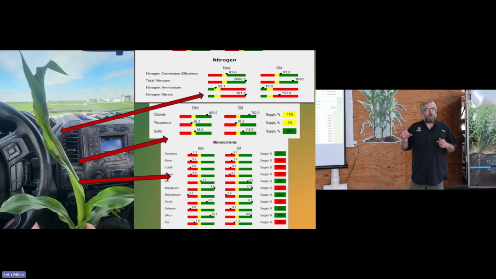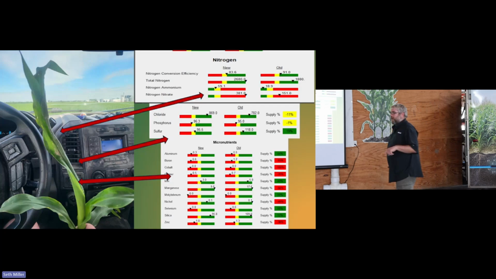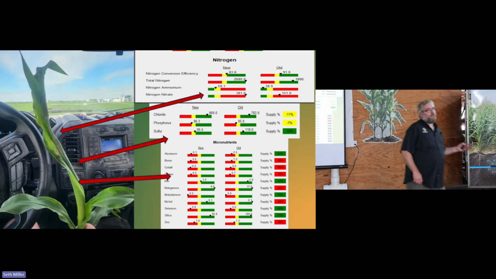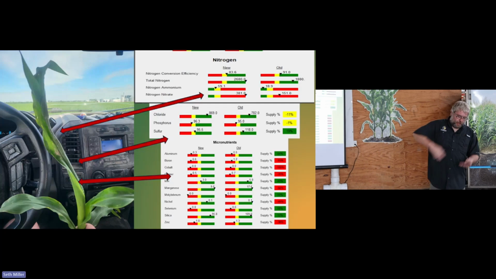So where we're monitoring soil moisture in Illinois in May, our soil temps bottomed out on the 20th of May at 52 degrees. So we got corn plants this tall, and our soil temperature just craters down to 52.